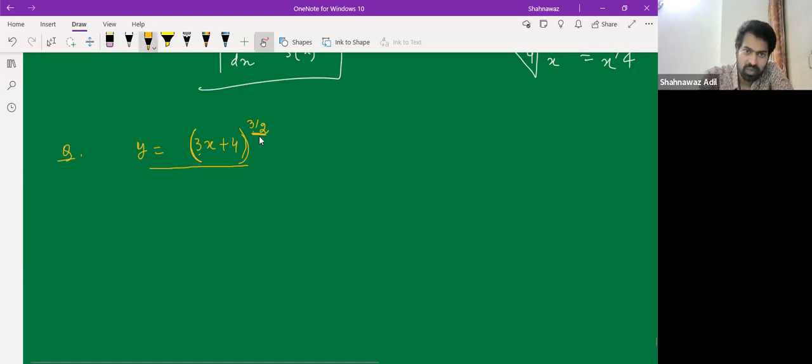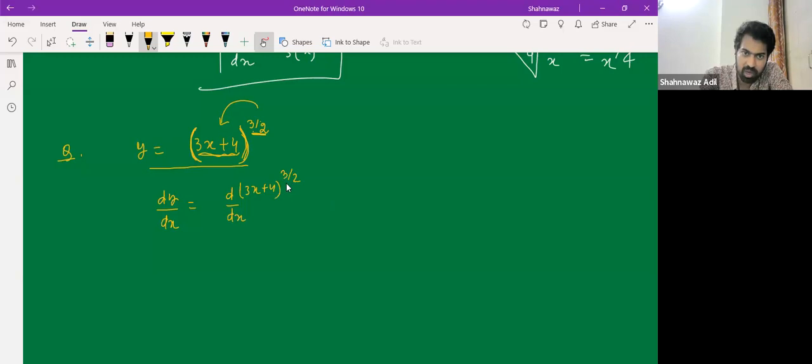First you have this power, but in place of x to the n you have a function, and inside this you have another function. So first you use the power function rule. dy by dx is d by dx of (3x plus 4) to the power 3 by 2.